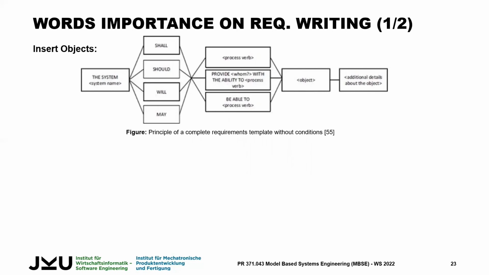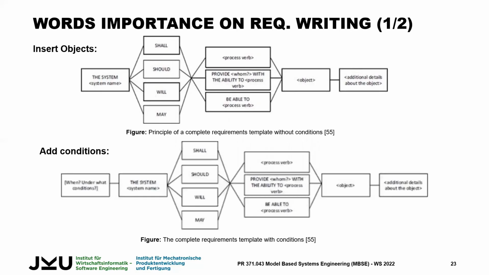Okay, this is another part, when you have an object and additional details about the object and how you are going to write those. And this has more details as well.